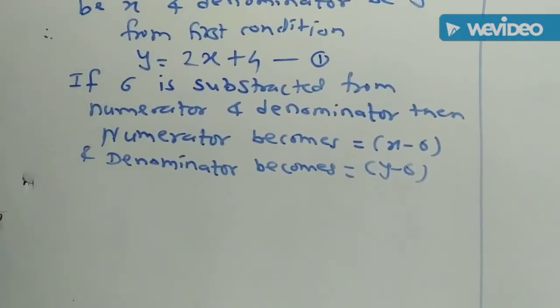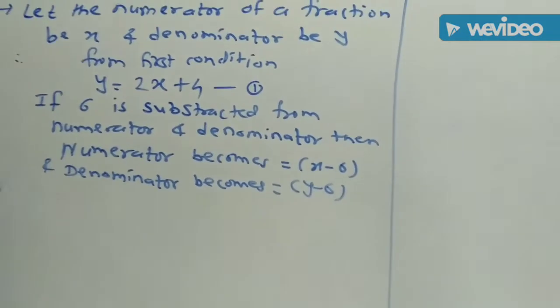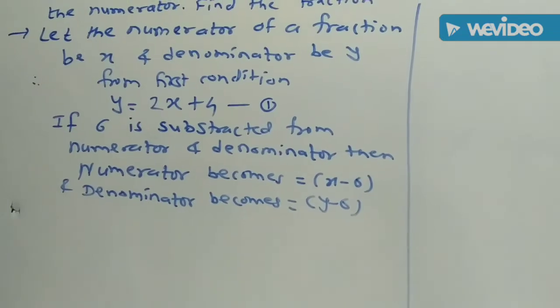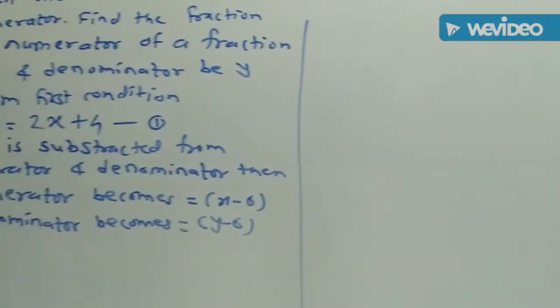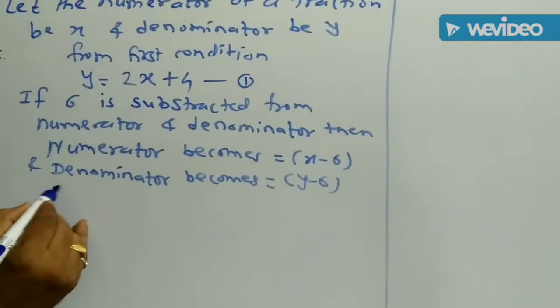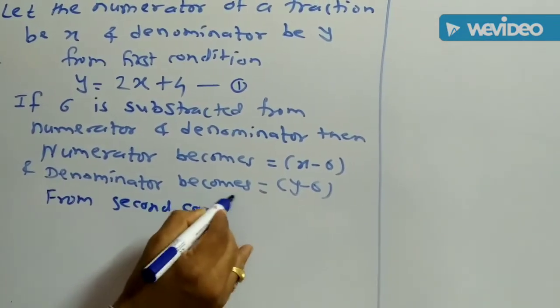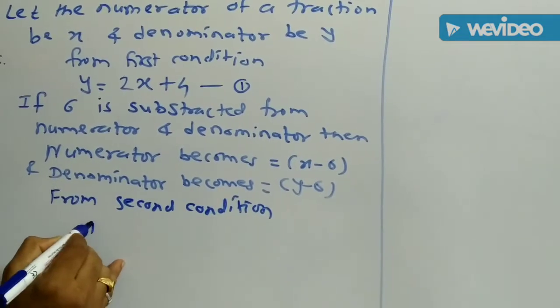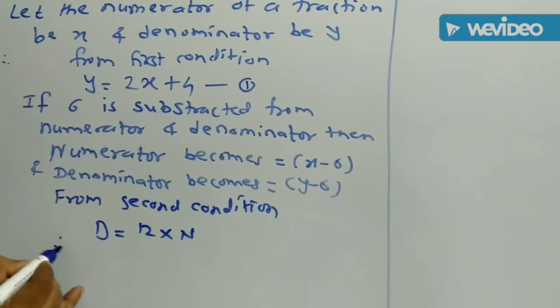Now from the second condition, after subtracting 6 from both, the denominator becomes 12 times the numerator.